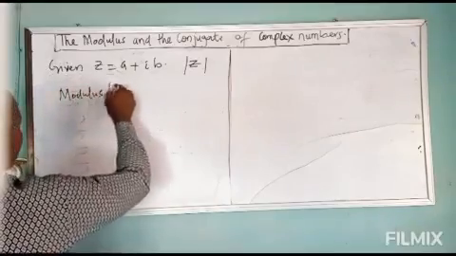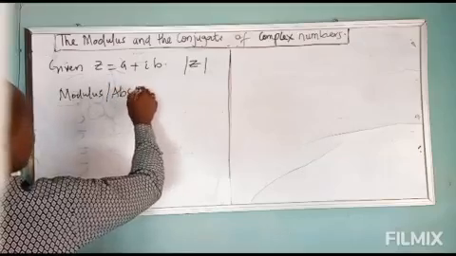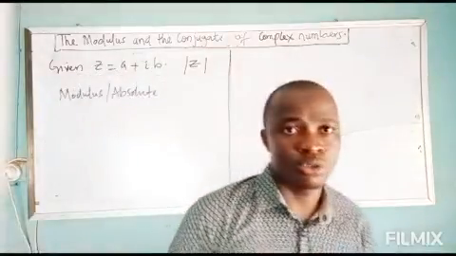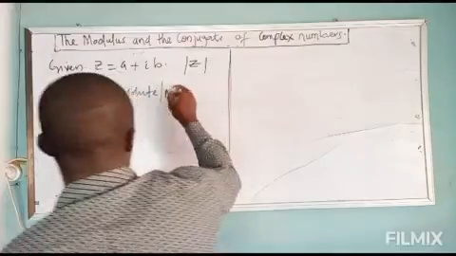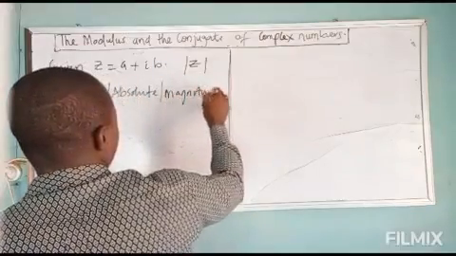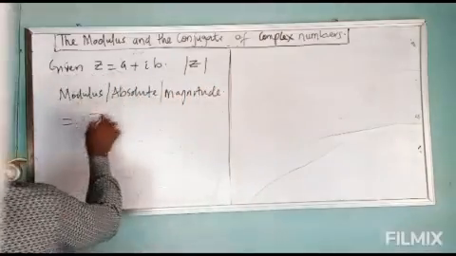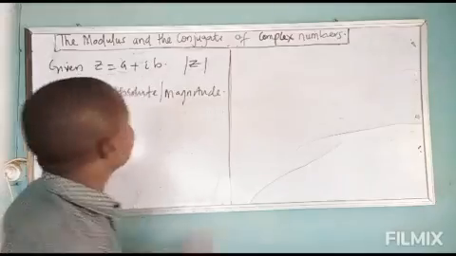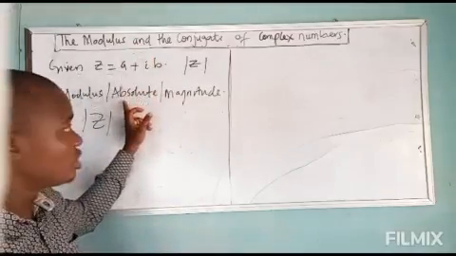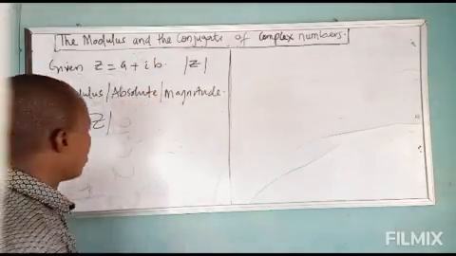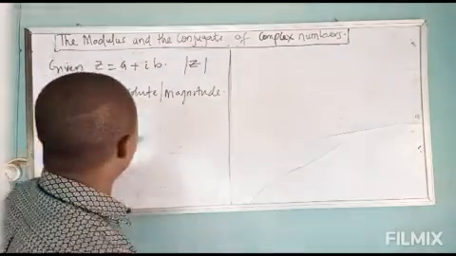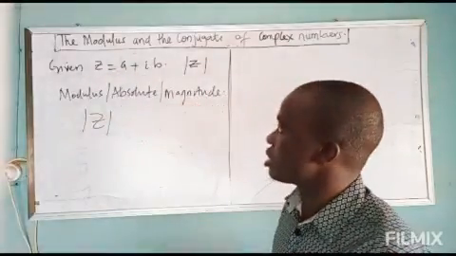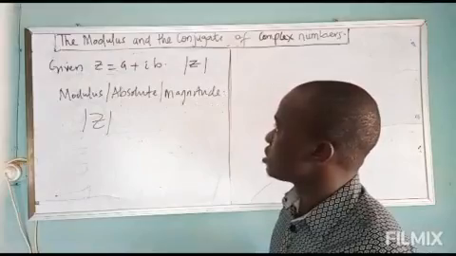We can call it modulus, we can call it absolute value, and also we can call it magnitude, the magnitude of z. So you call it modulus, or absolute value, or magnitude of z. The three words mean the same thing.